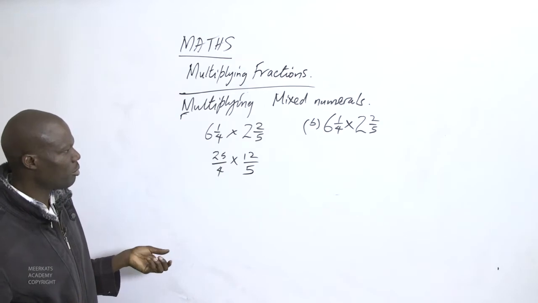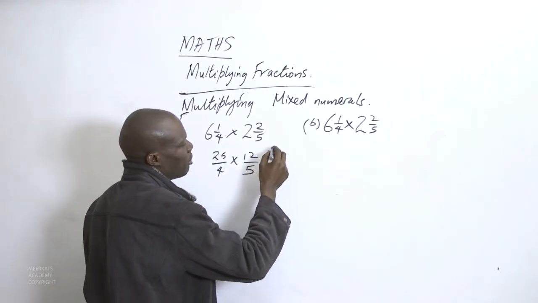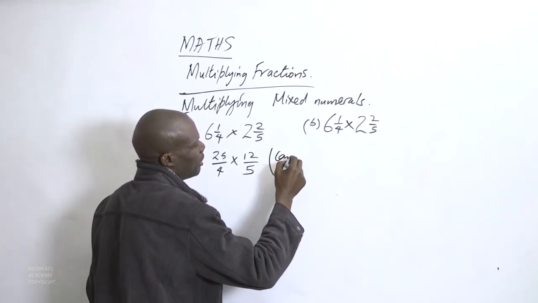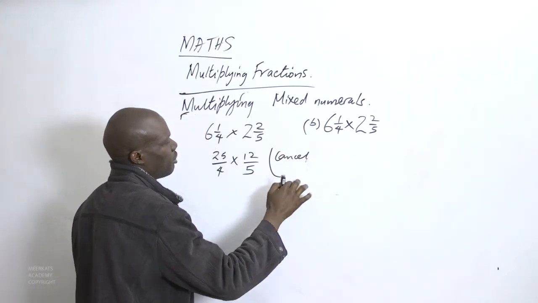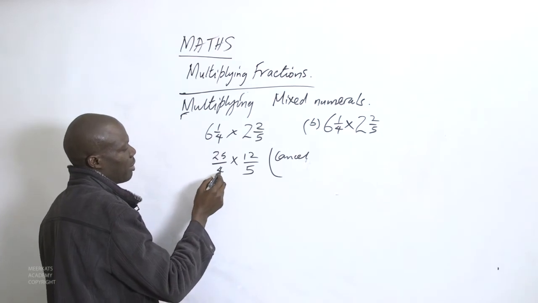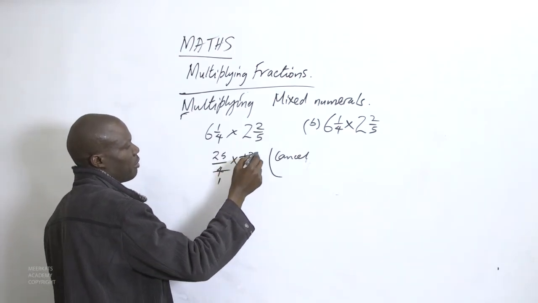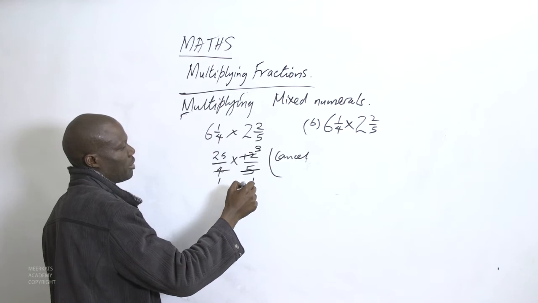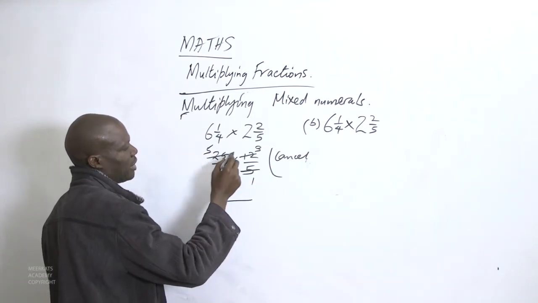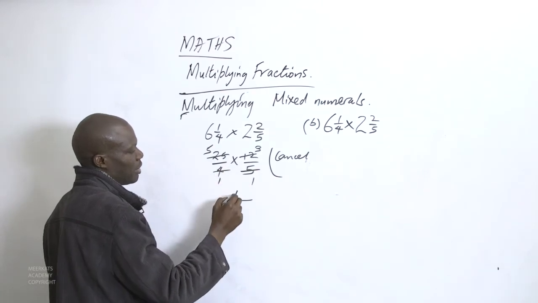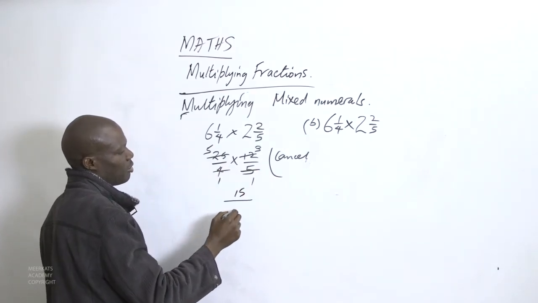Now, before you move ahead, you realize that from these improper fractions, we can cancel where possible. So when you cancel, you'll find that 4 by 4 is 1, 12 by 4 is 3, 25 by 5 is 5, and 5 by 5 is 1. So we multiply the numerators. 5 times 3 is 15, and 1 times 1 is 1.